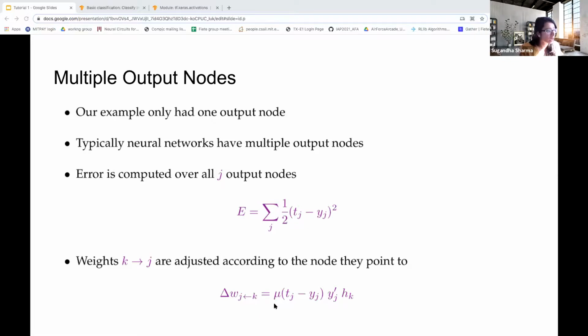If we have multiple outputs, then our error just becomes the sum of the errors at each of the output nodes. And the weights can be adjusted based on which node they are pointing to. So the change in weight, the connection strength from node k to node j, is dependent on the terms associated with these two nodes only.